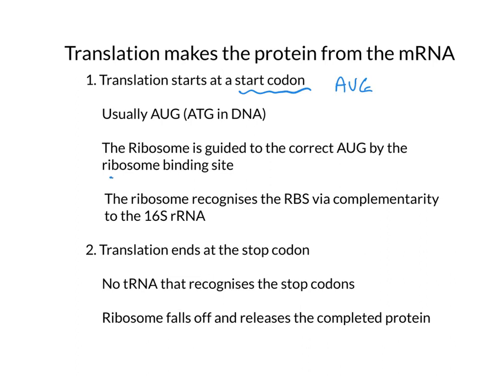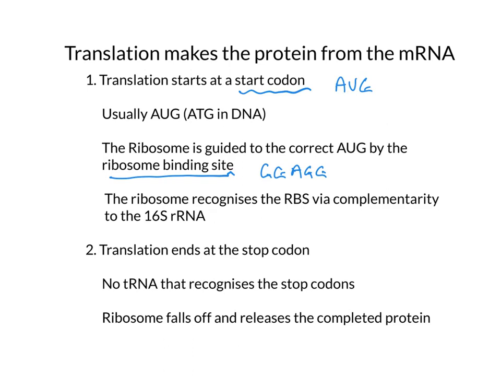So the ribosome binding site, or Shine-Dalgarno sequence, usually something like GGAGG, is going to guide the ribosome to the correct spot so that the AUG start codon is just in the right place beneath the P site. And of course, the ribosome recognises that ribosome binding site via complementarity to the 16S ribosomal RNA.